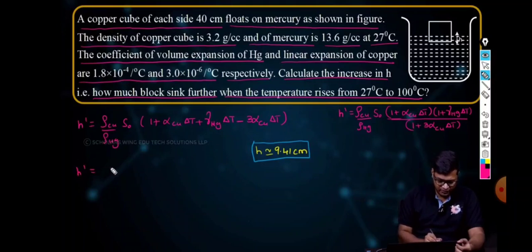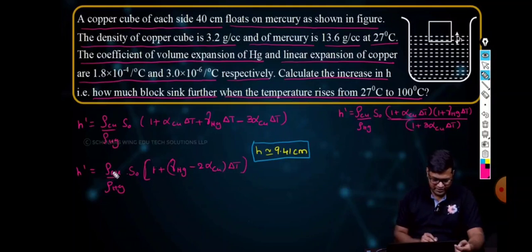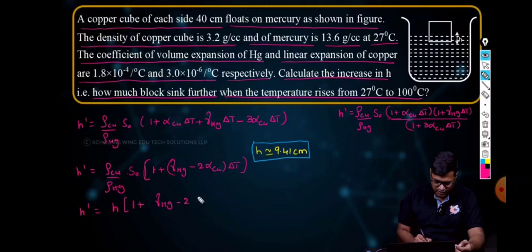So H dash will be equal to density of copper by density of mercury into initial side length times 1 plus gamma of mercury minus 2 times alpha of copper into delta T. One more thing: density of copper by density of mercury into side length was the initial H value. So I can write H dash as H times 1 plus gamma of mercury minus 2 times alpha of copper into delta T.